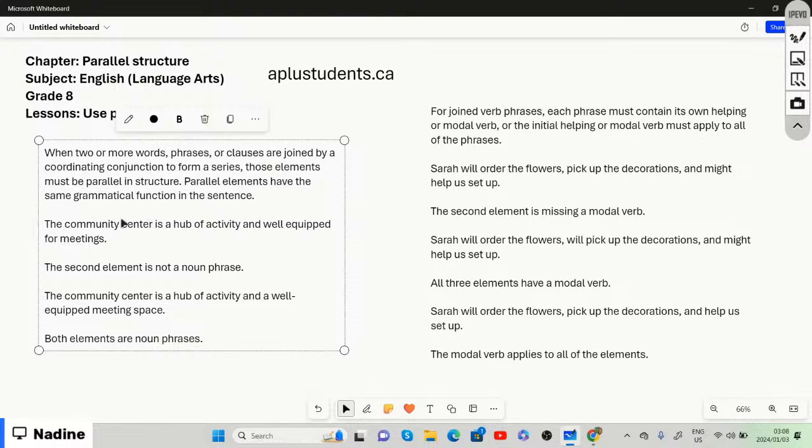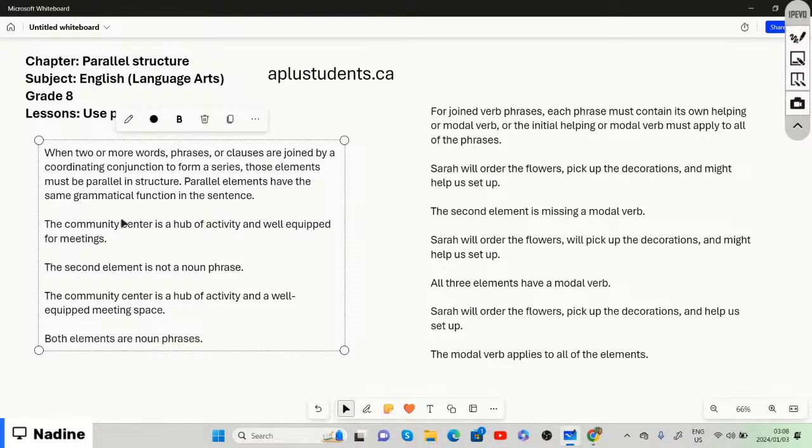So basically, when two or more words, phrases, or even clauses are joined by a coordinating conjunction. And remember, as we said, coordinating conjunctions are words like and, but, so, or, right? So that is our coordinating conjunctions.